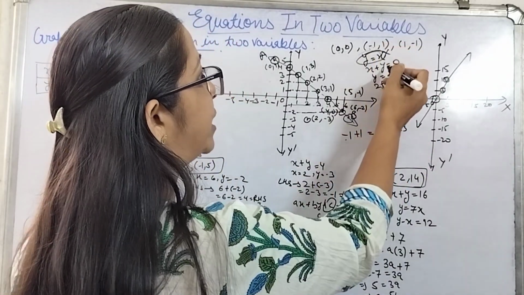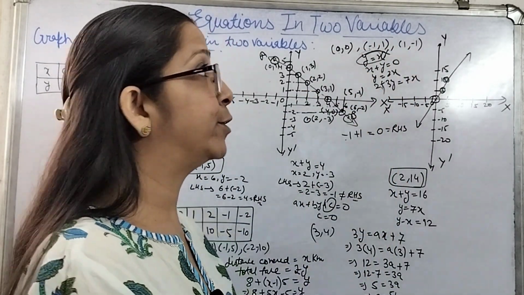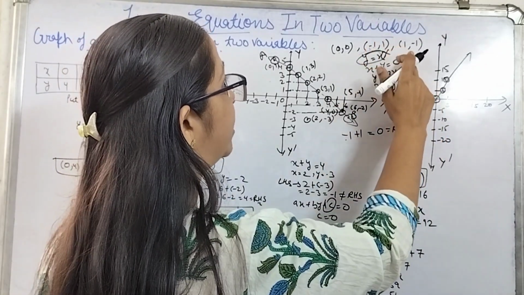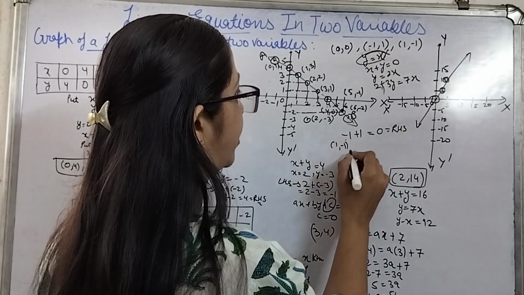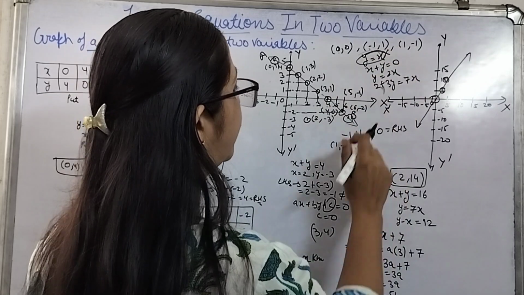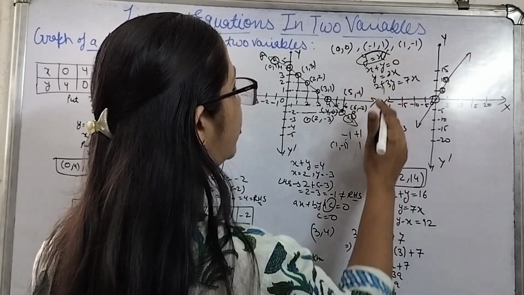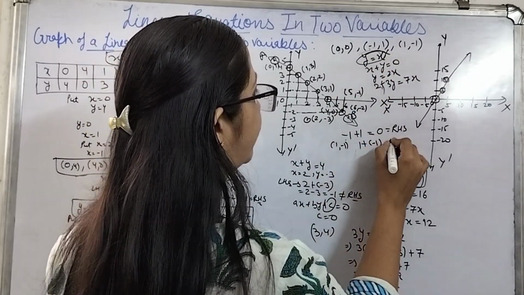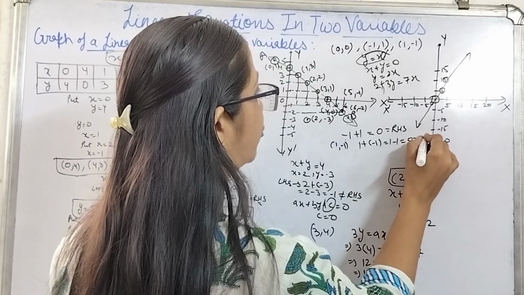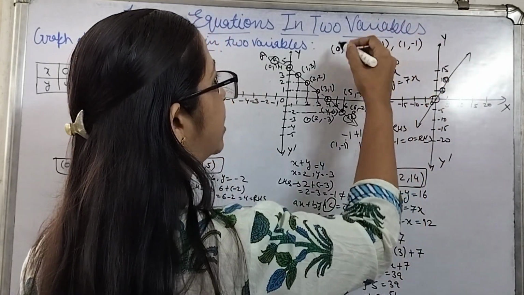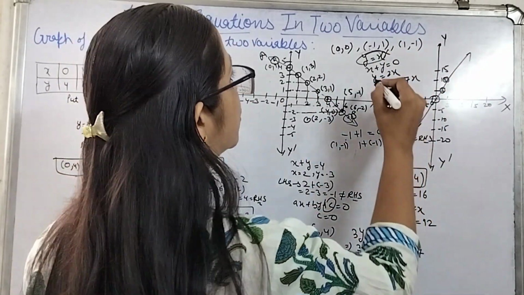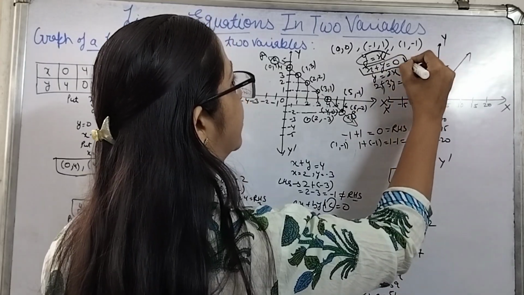So this point is also satisfying x plus y equivalent to 0. Now let's check the third point, that is 1, minus 1. If I keep x equivalent to 1 and y equivalent to minus 1, then it will be 1 minus 1, that is 0, and it is equivalent to RHS. That means all these 3 points are satisfying this equation. So this will be the answer.